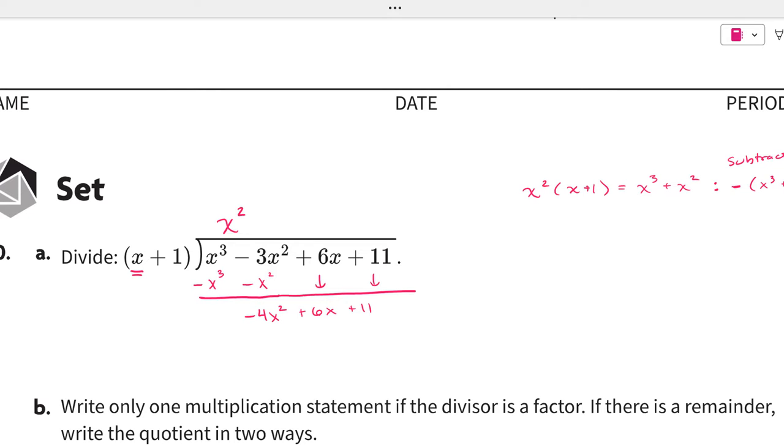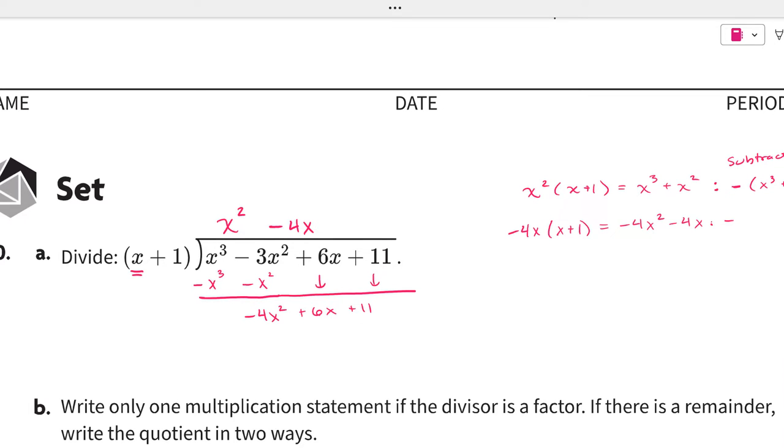So now we're focusing again on x and negative 4x squared. If I multiply by negative 4x, negative 4x times x plus 1, that leading term is going to add to 0, right? So I get negative 4x squared minus 4x.